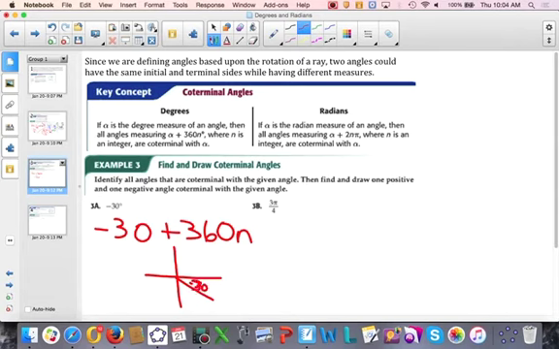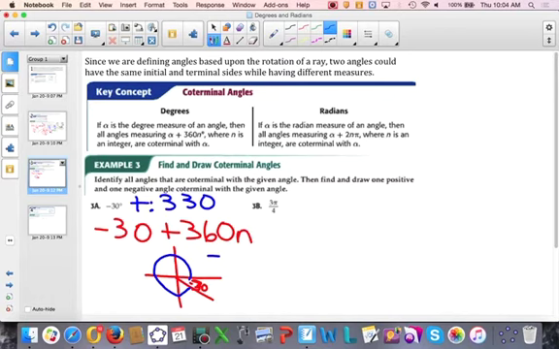So if I were to go positive coterminal, that would be 180 plus 90 plus 60. And that is 330. So a positive one is 330, and a negative one would just be negative 30 minus 360.